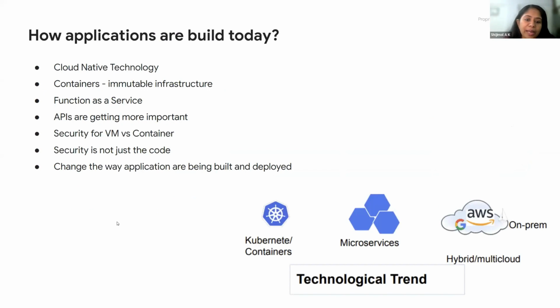So how are applications built today in the cloud? When we talk about a cloud native application, there are different native technologies that we use, not just traditional machines in which you deploy the code. You have containers, which are immutable infrastructure where everything is bound in the image that you use.